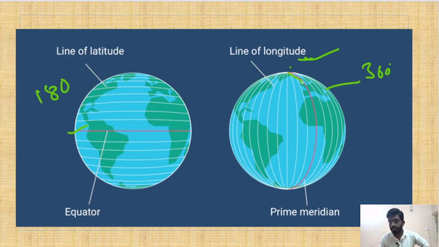This red line we call the Greenwich longitude. We indicate it with 0 degrees, and it is called the Greenwich or 0 degree meridian. These vertical lines are called longitudes and the horizontal lines are called latitudes.